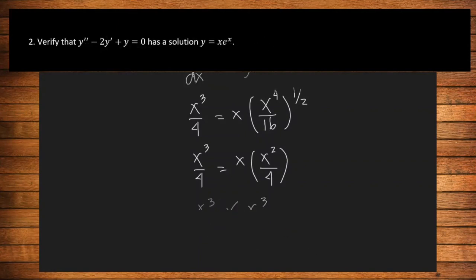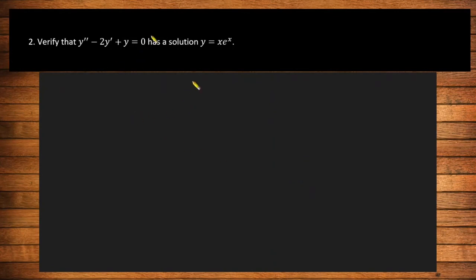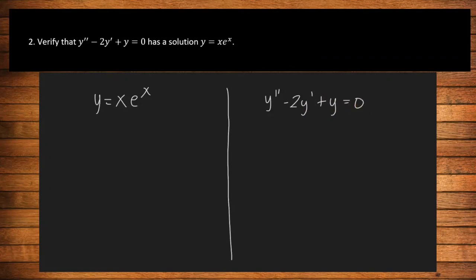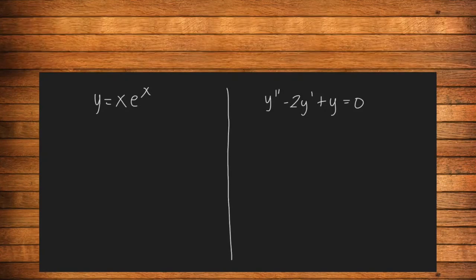Okay, so for the next example, verify that y double prime minus 2y prime plus y equal to 0 has a solution y equal to xe raised to x. Again, to verify that the given function is a solution, let us see if after substitution, each side of the differential equation is equal. So from the given solution, we have y equal to x e raised to x.